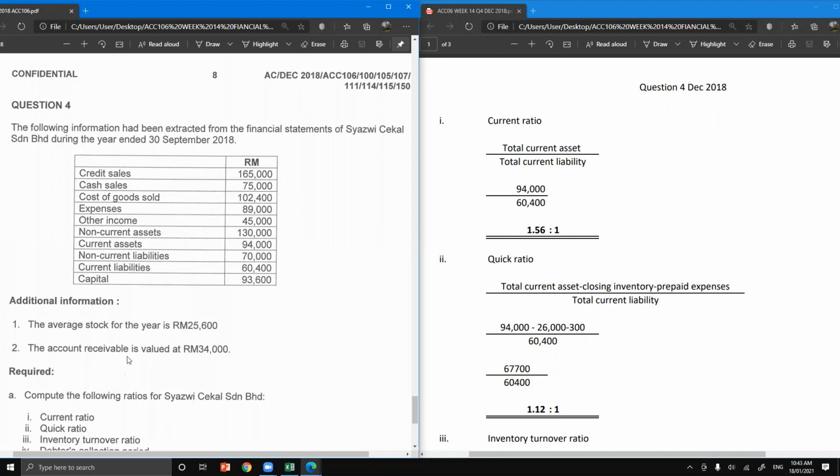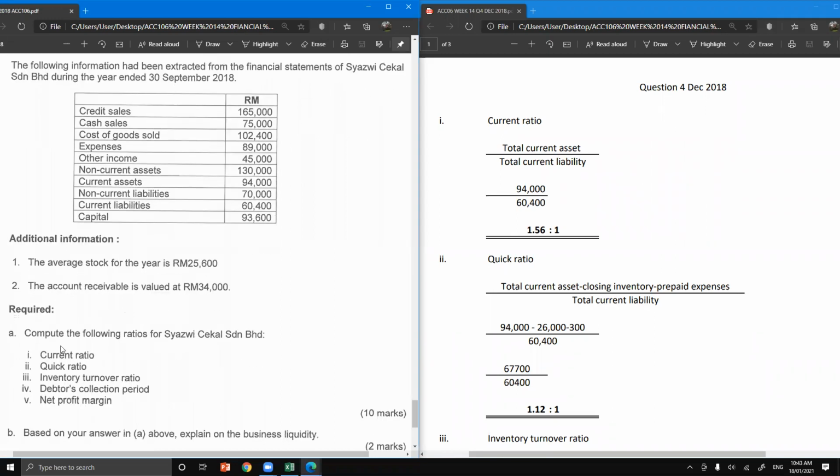The requirement is A. Compute the following ratios for Shazwi Cekas Sdn Berhad. Number 1, current ratio. The formula for current ratio is current asset divided by current liability.